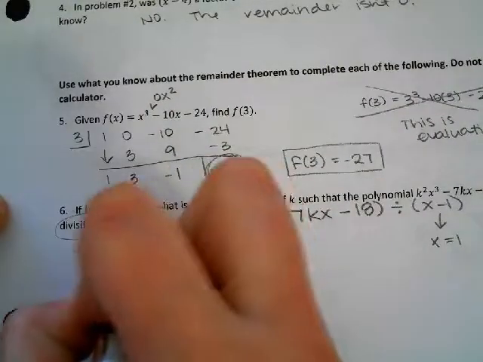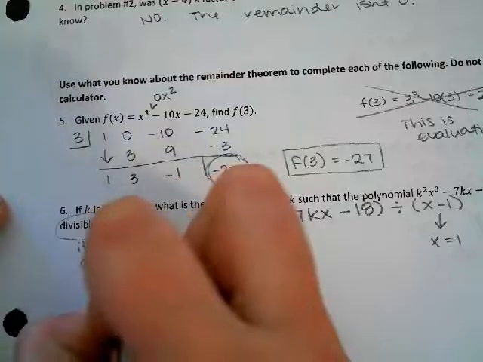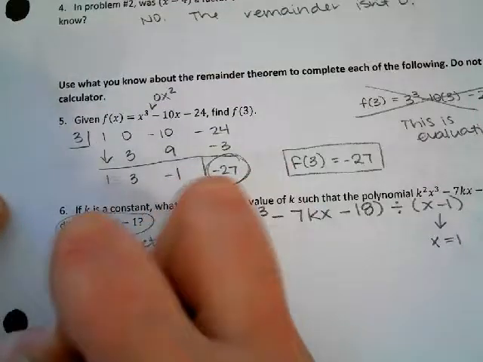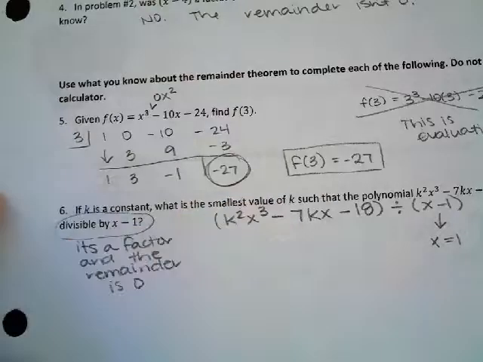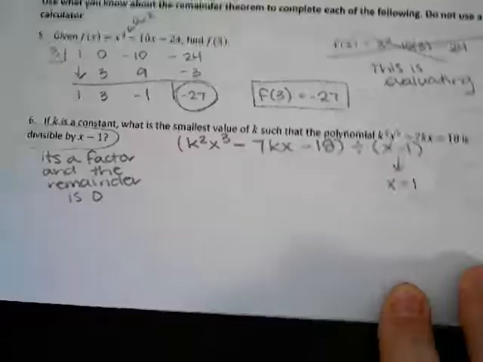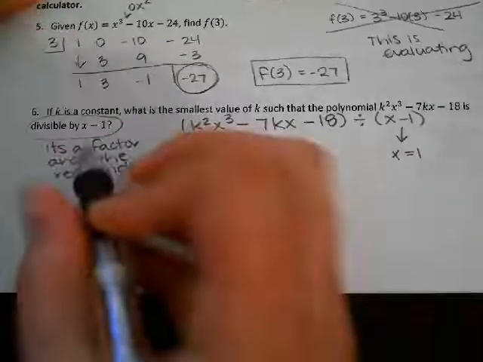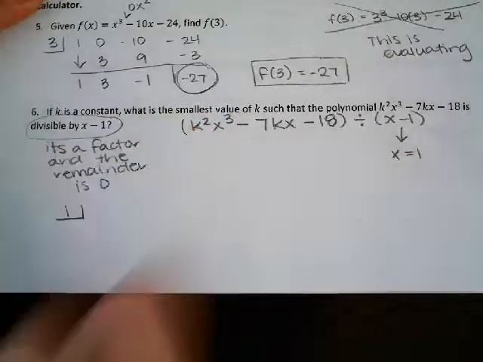Okay. So this means that we can set up the problem. If we did synthetic division, we would have 1 in here, and our coefficients would be k squared, negative 7k, negative 18.